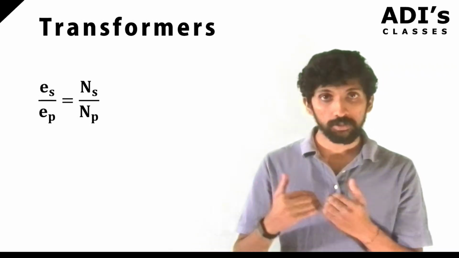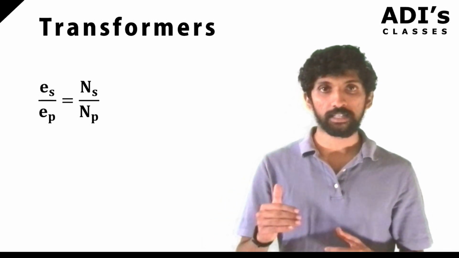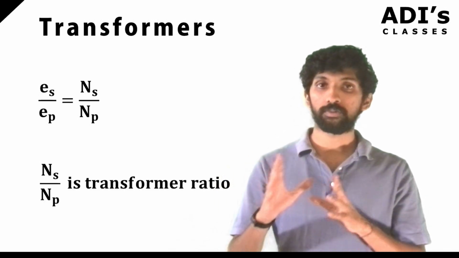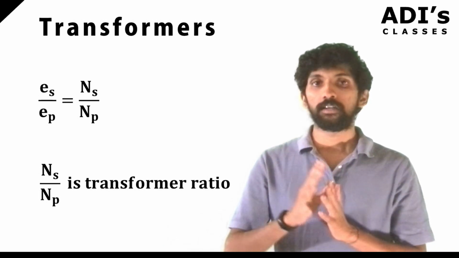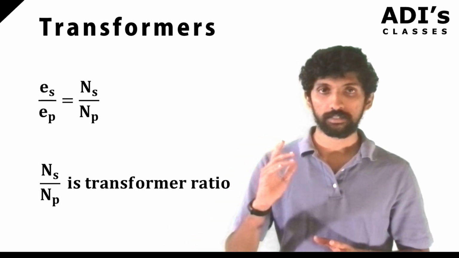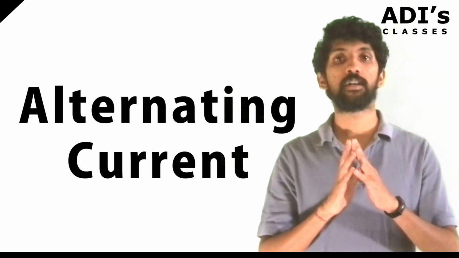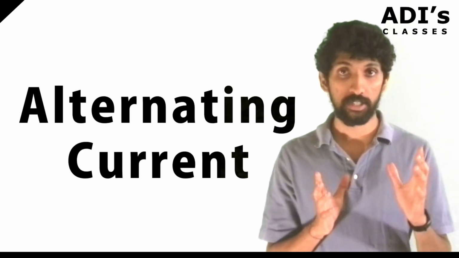So we deduced the relation E_S I_S is equal to E_P I_P, correct? So this is what we learned in transformers. And then we learned about uses and some losses in transformers, right? So this is the whole alternating current chapter.